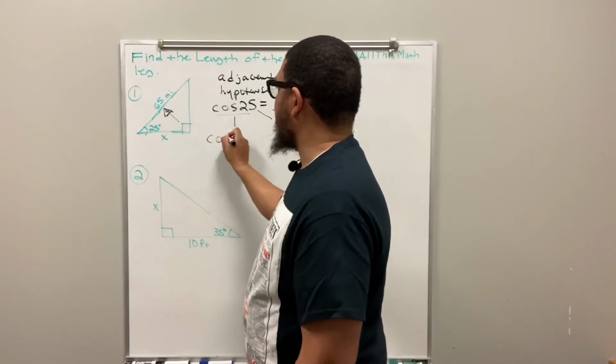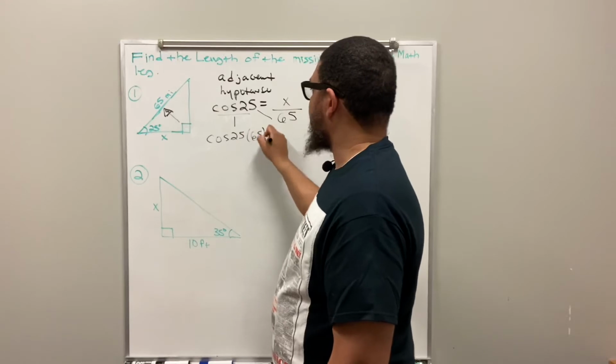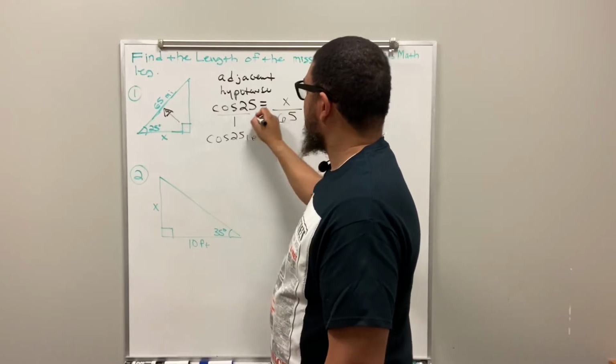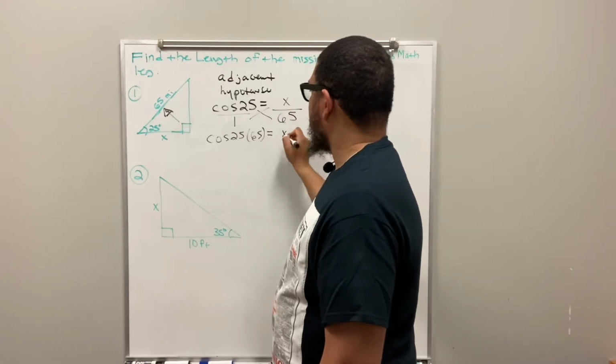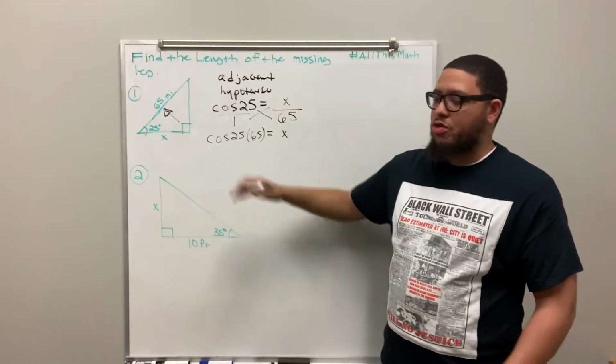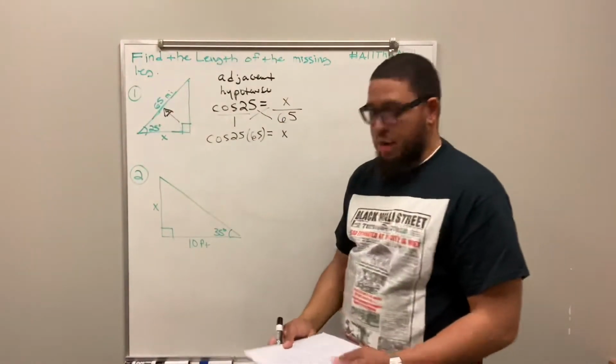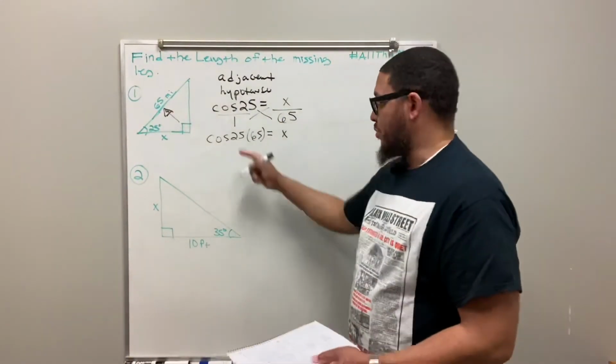I rewrite the equation. Cosine of 25 times 65 is equal to x times 1, which is just x. So the cosine of 25, I pull my calculator out if I don't have it out already. And I'm checking my notes because I did this problem already, right?